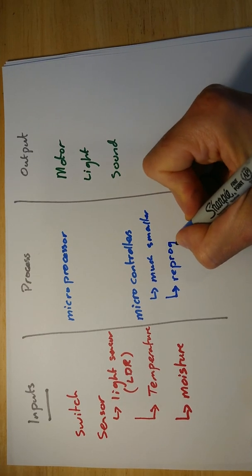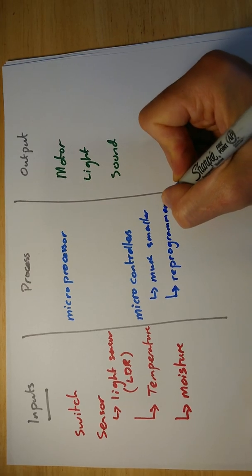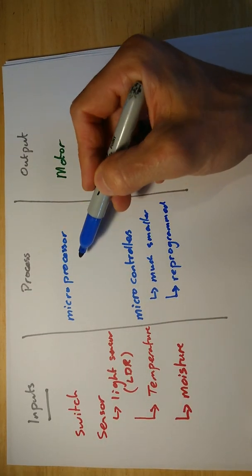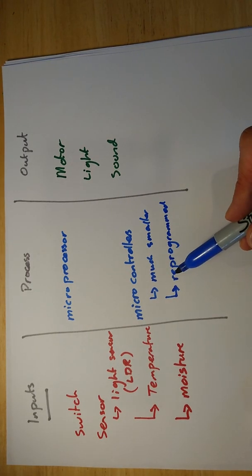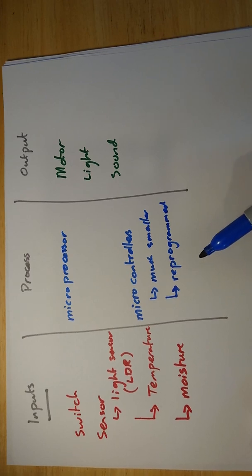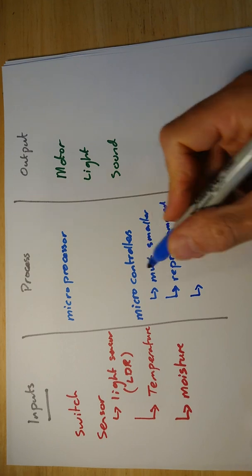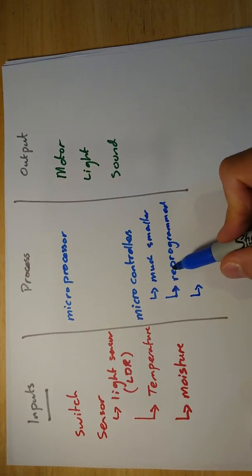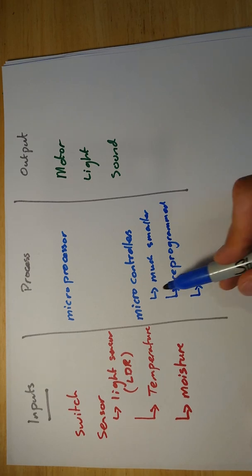This is where the microcontroller becomes much better than a microprocessor, which is fixed. We can keep changing it, so it's not fixed in stone. We can change what it does. So that's very good, and it's both much smaller and reprogrammable, which is unique to a microcontroller.